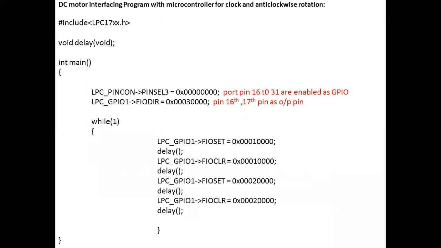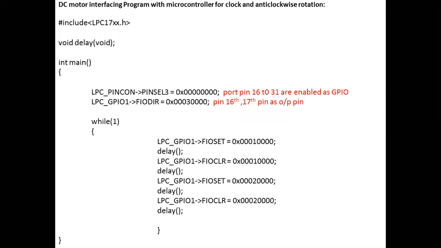And this is your program. Again, you know this: you are including the header file, the prototype, and int main. PINSEL2 is for the lower half, pins 0 to 15. PINSEL3 is your higher half, pins 16 to 31.